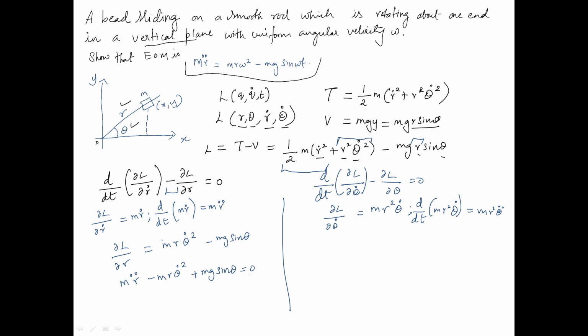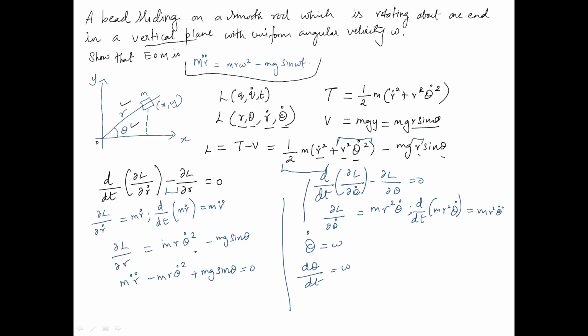We have the condition of uniform angular velocity, so we can write theta dot equal to omega, that is d theta by dt equal to omega.